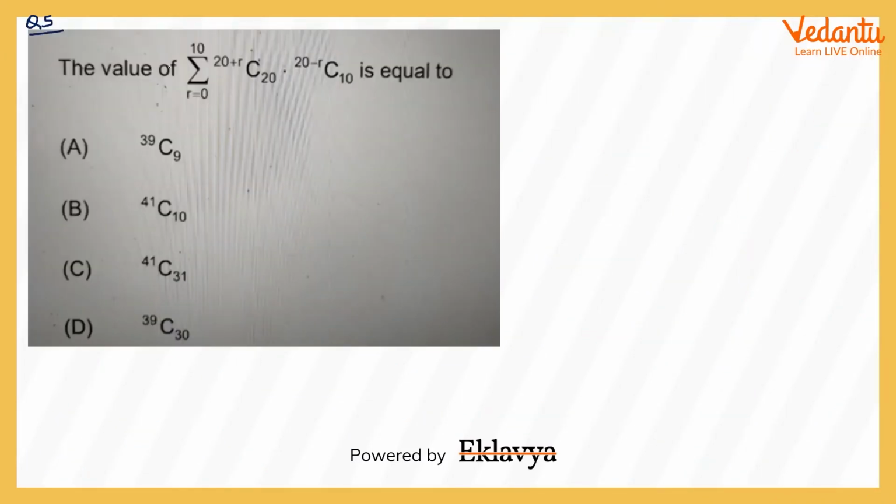Now coming to this question in which we are asked the value of the summation of the product of two binomial coefficients. Here we are given, the first term I can write as 20C20 into 20C10, plus I will write this as 21C20 into 19C10, then 22C20 and 18C10 and so on.